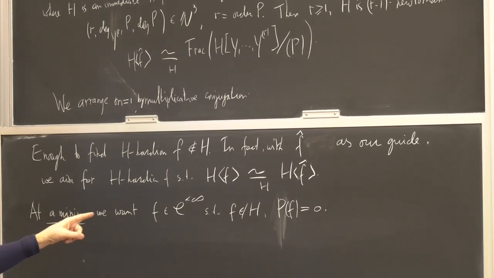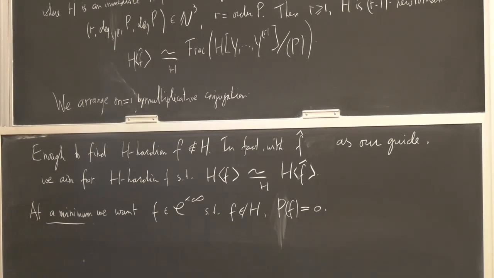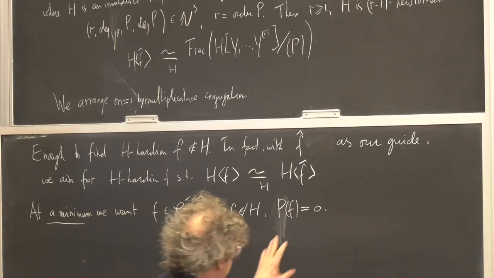But in fact, we use F hat as a kind of guide towards finding an H-Hardian F which generates a Hardy field over H that is isomorphic to the H-field generated by F hat over H. Okay, so at the minimum, this means we have to find an F, maybe not H-Hardian, but something that is in this ambient, very big differential ring, which is not in H and satisfies this differential equation. That is a minimum kind of thing to do.